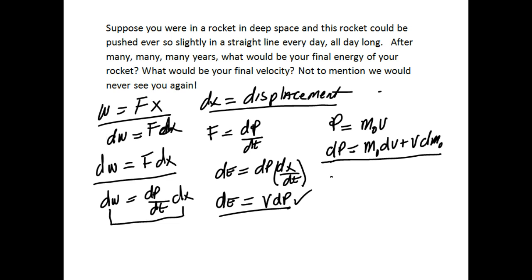So relative momentum is equal to gamma times your rest mass times your velocity. And gamma is equal to 1 divided by the square root of 1 minus v squared over c squared, okay?